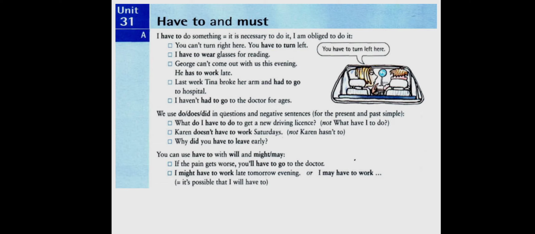In the second example, Karen doesn't have to work Saturdays, and here we speak about the negative of have to. Karen here is singular, so if it is positive we say Karen has to work Saturdays, and to make it negative, since it is singular, we use does.